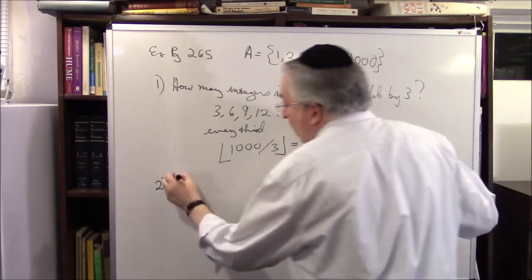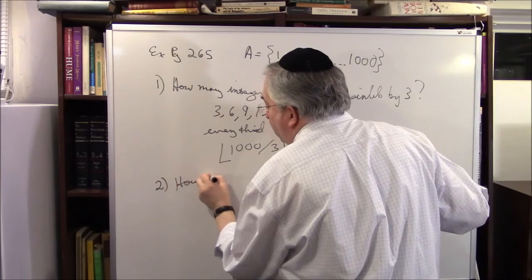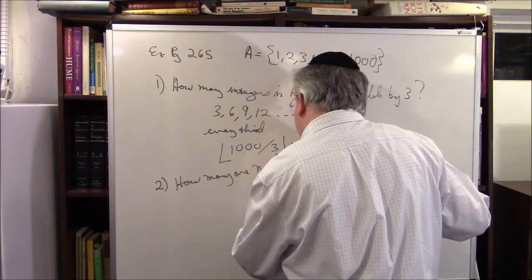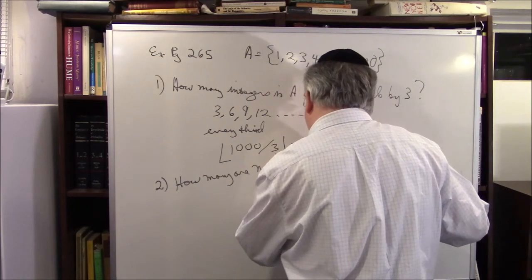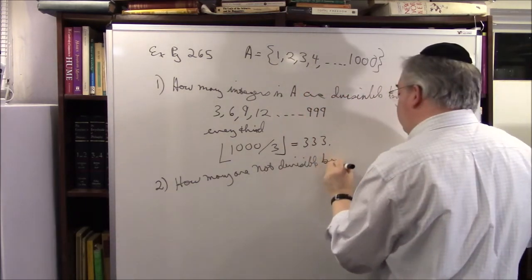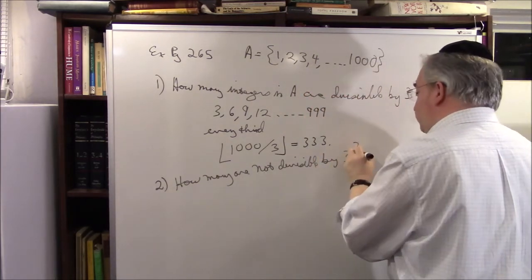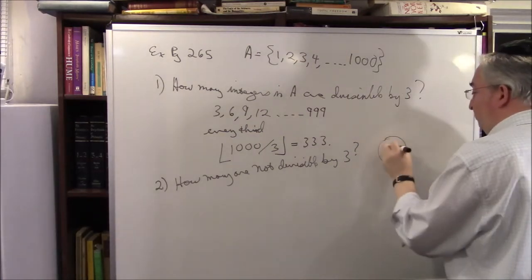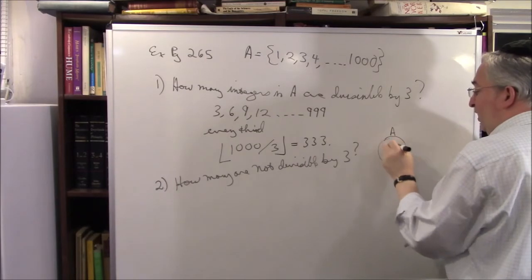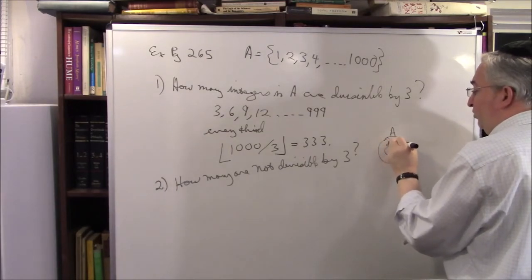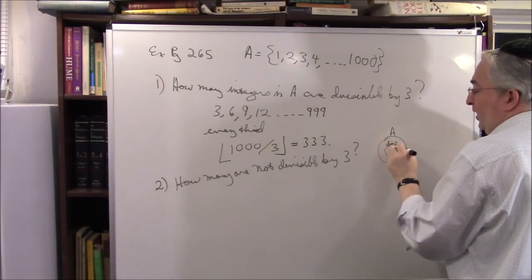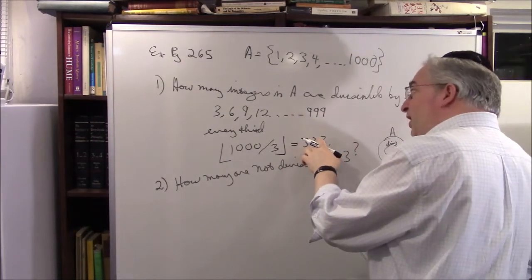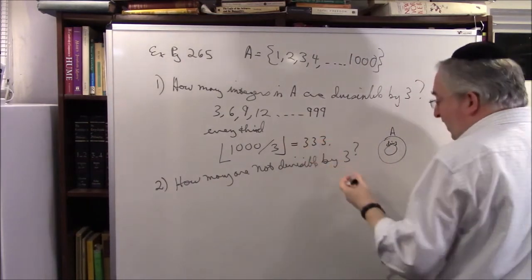Next, second question. How many are not divisible by 3? Okay, so that's part of that rule where we had this picture. In other words, you have A, you have the set divisible by 3, and if there are 333 divisible by 3, how many are not divisible by 3?